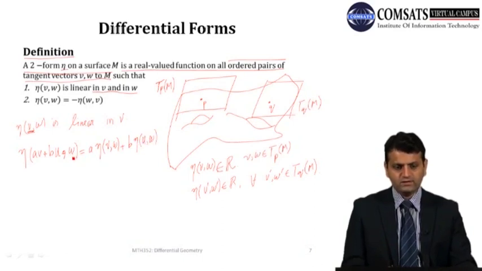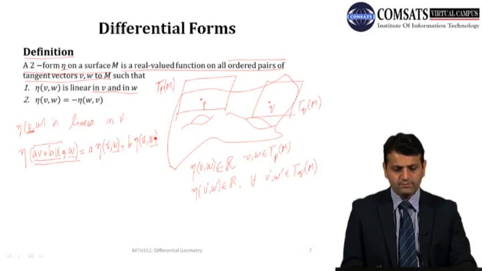So इसमें W जो था वो फिक्स्ड रहा, W की पोजीशन में कोई चेंज नहीं आई, और जो AV plus BU है ये डिस्ट्रीब्यूट हो गए हैं, या ये जो eta है it is linear in the first element of this ordered pair. So this ordered pair AV plus BU and W, इस ordered pair पे आपने eta अप्लाई किया तो eta is linear in the first element but W remains the same.